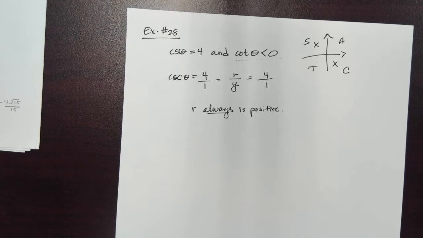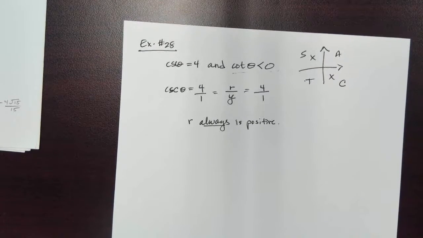Let me explain that again. We don't know what the x is. I don't know any information about the x yet. All I know is my hypotenuse is positive, because r is always positive. The y is positive.